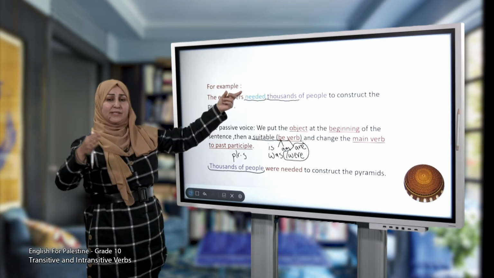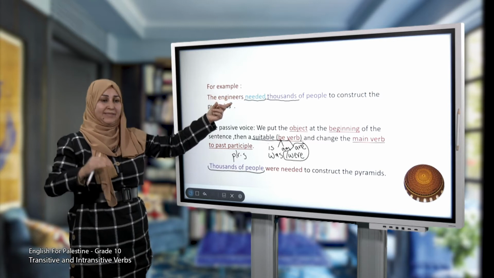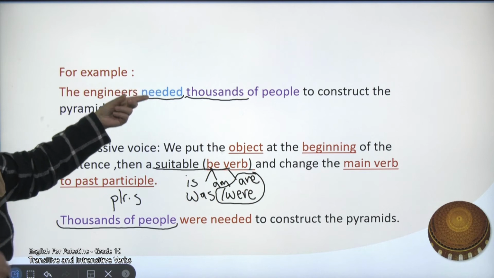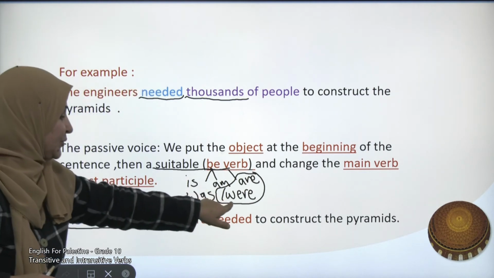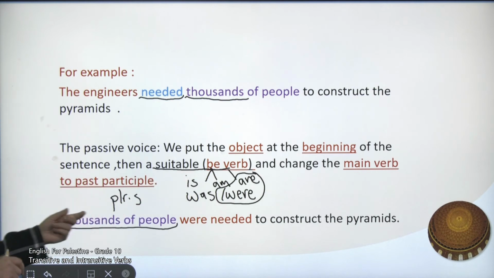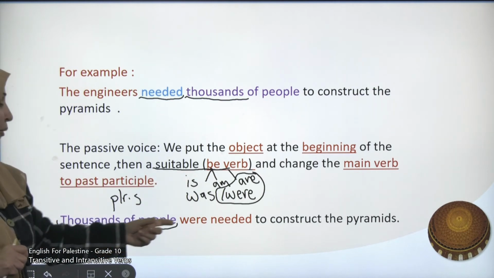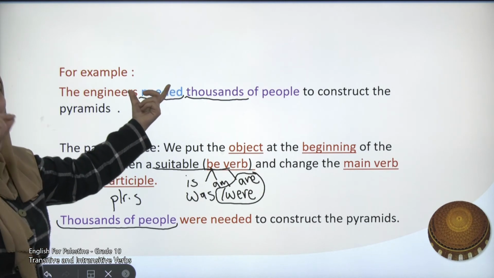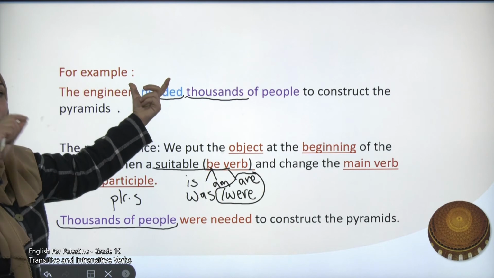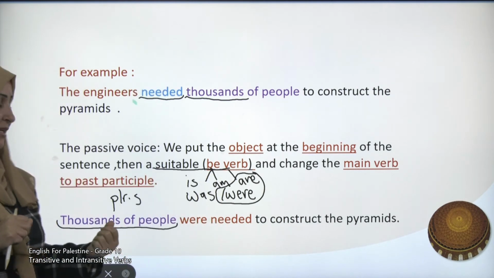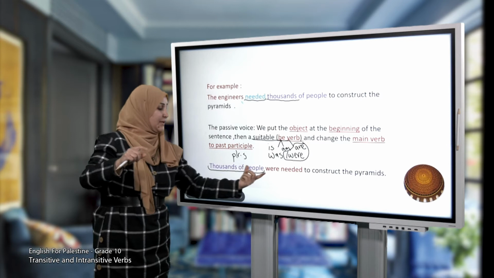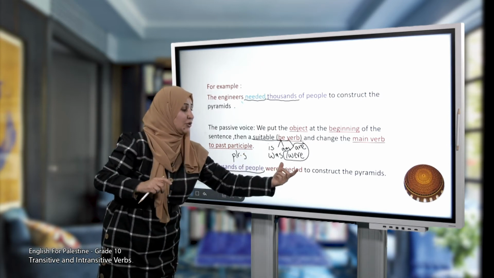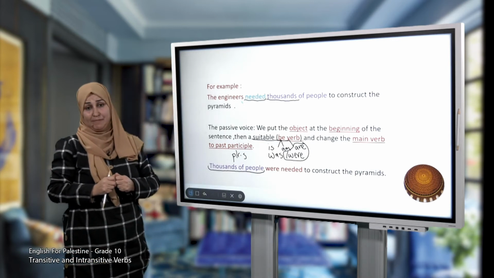Needed, is it present or past? Excellent. It ended with ed, so it's past. In this sentence, we will choose were. So, thousands of people were needed. The main verb is needed, and the past participle of the verb also is needed. So, thousands of people were needed, the complement of the sentence, to construct the pyramids.